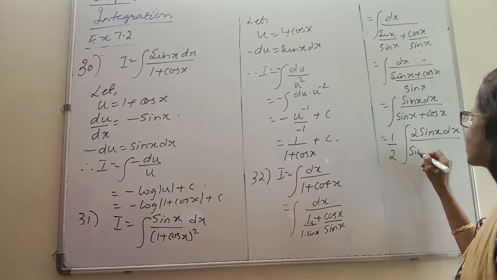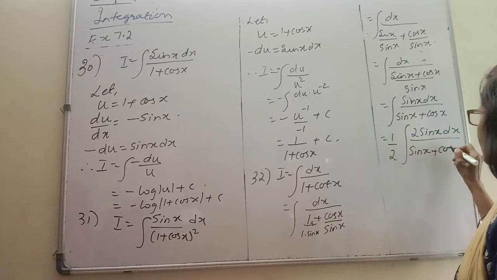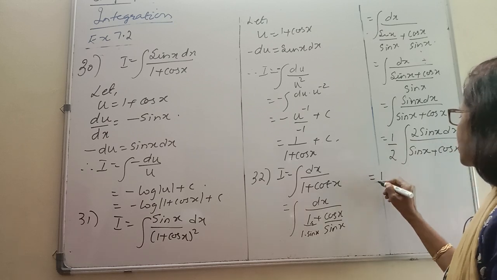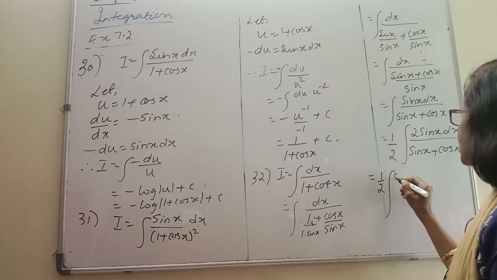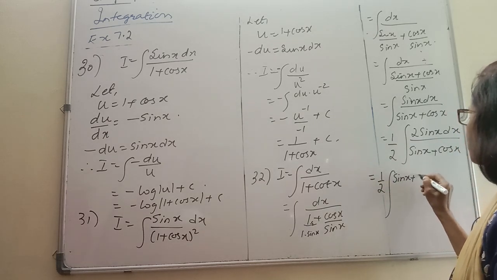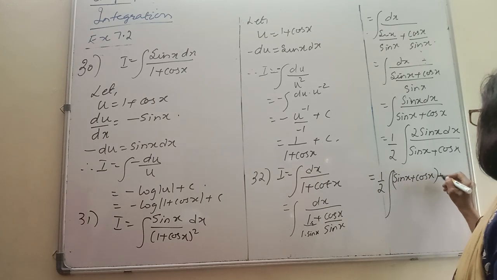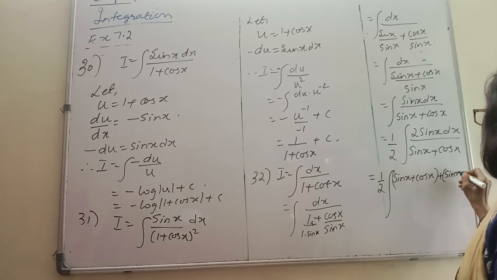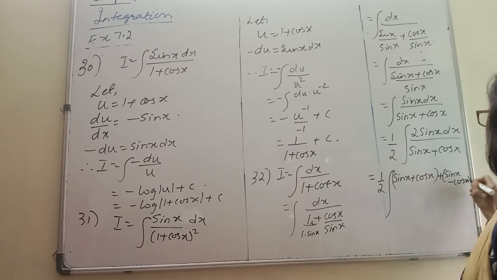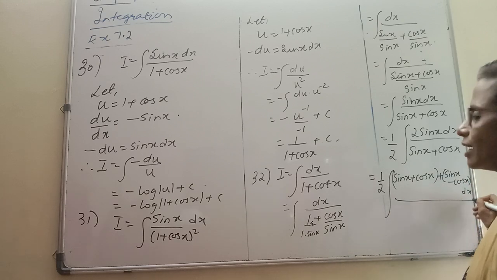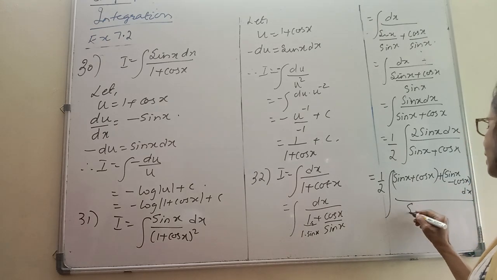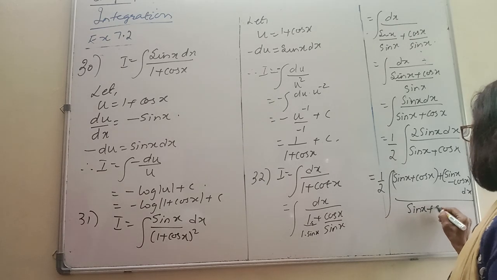Now let's see how that is going to help us. 2 sin x actually can be always written as sin x plus cos x plus sin x minus cos x. Just see that when you expand, you will get 2 sin x.